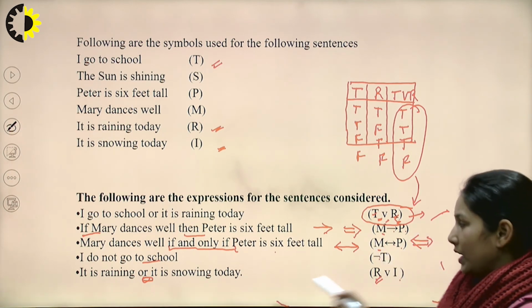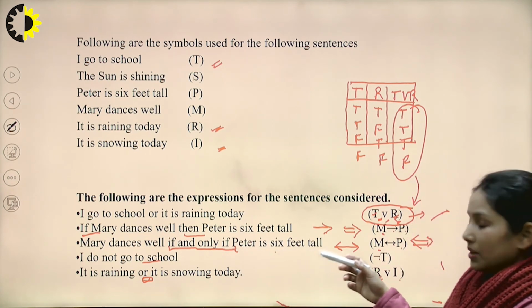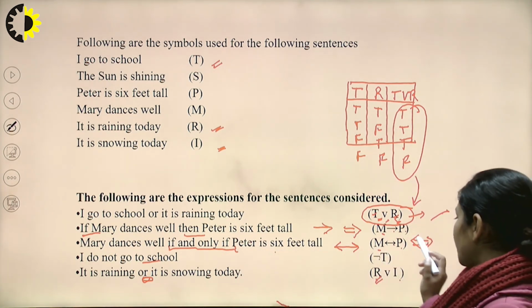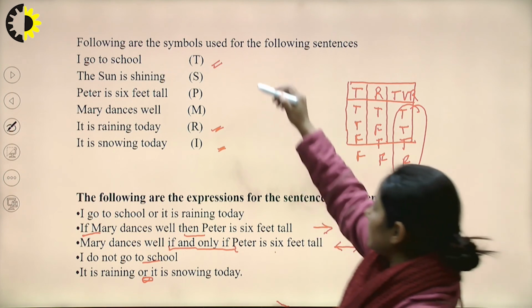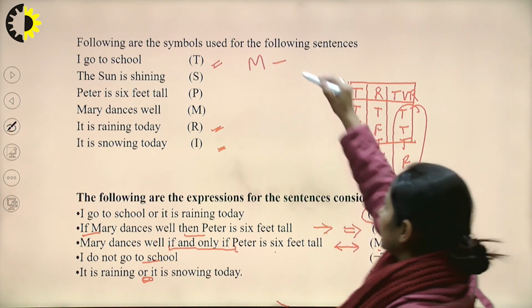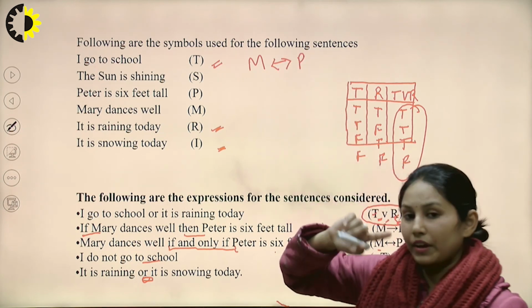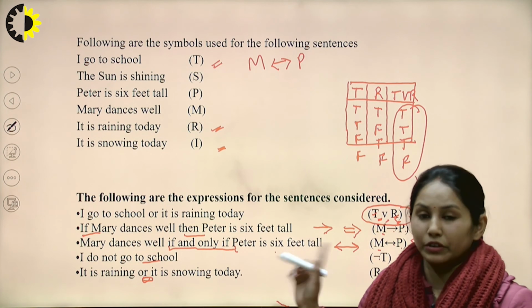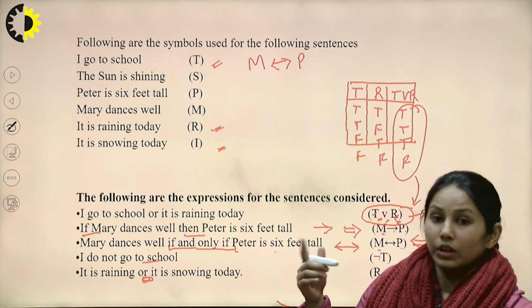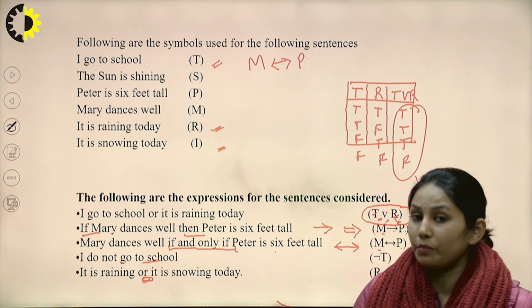Suppose this one: Mary dances well if and only if Peter is 6 feet tall. In this statement, you have M, if and only if, biconditional, P. If I want to create the truth table for this statement, it also has 2 variables, so we are dealing with 4 possible cases.